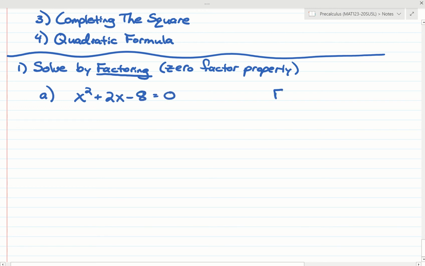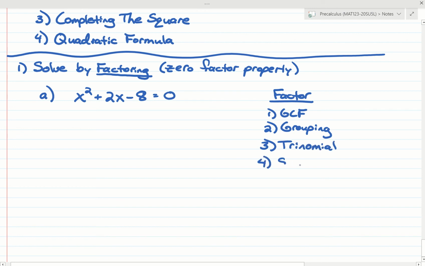Now when we talk about factoring, remember we said that there were 4 ways that we know so far. One is by looking for a GCF. Another technique is by grouping. If there's an even number of terms, like 4 terms, we cut it down the middle. The third technique is if we have a trinomial, which is what we have here. And then the last technique is called special cases.